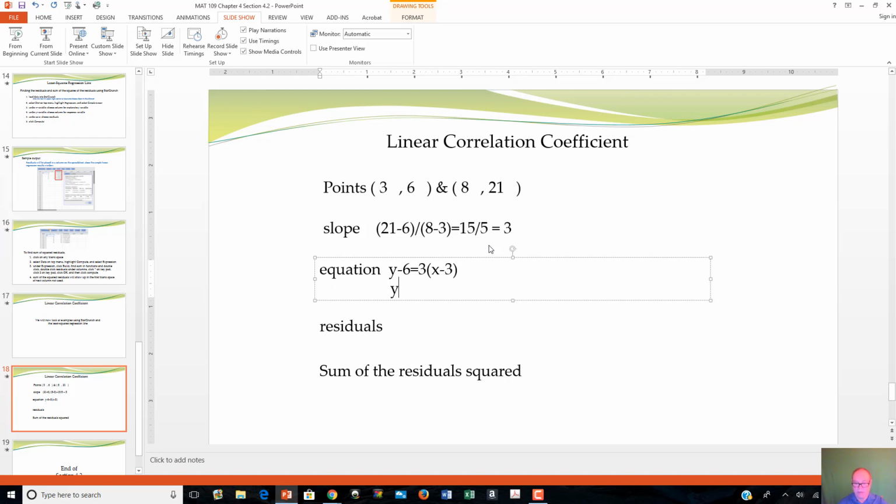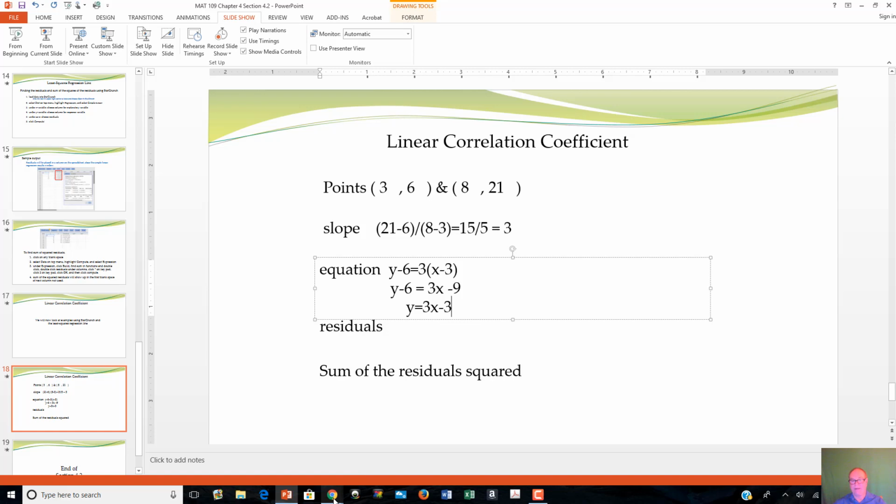I get y minus 6 equals 3x minus 9. And then if I regroup, y equals 3x minus, take the 6 over, it'd be a positive, so that's going to give me a negative 3. So there would be my equation, 3x minus 3.